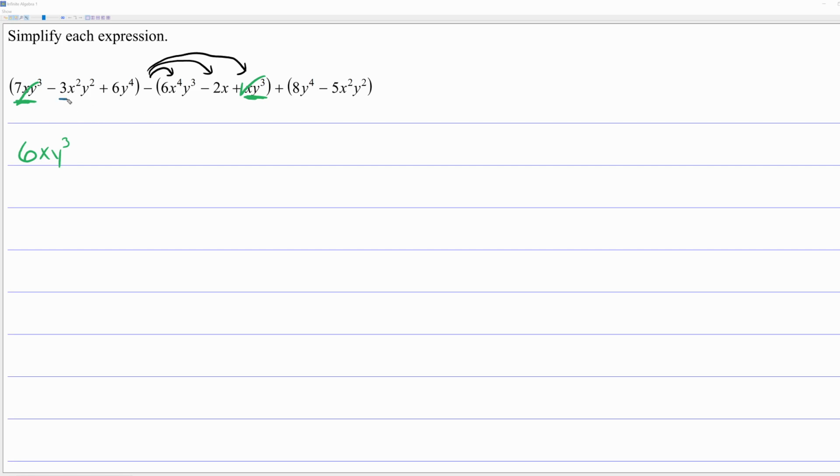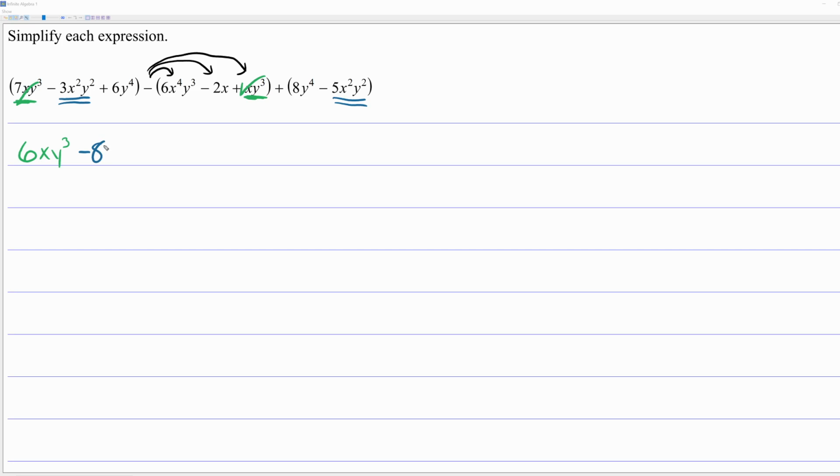Well, next we have x squared y squared, which I have underlined in blue. Well, that's not an x squared y squared, that's not an x squared y squared, and so on. We do have another x squared y squared at the end. So this is negative 3 plus a negative 5. So this is negative 3 minus 5.